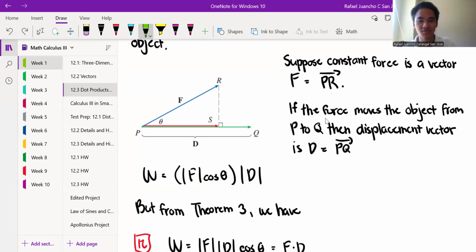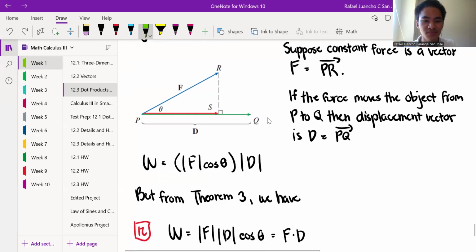The red vector, that's the projection of F. But D is the displacement vector from P to Q.